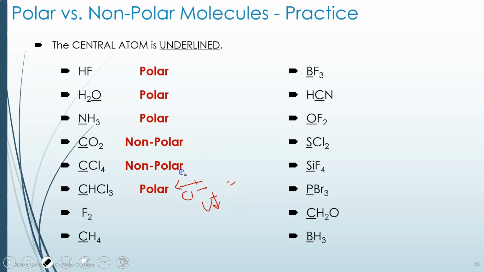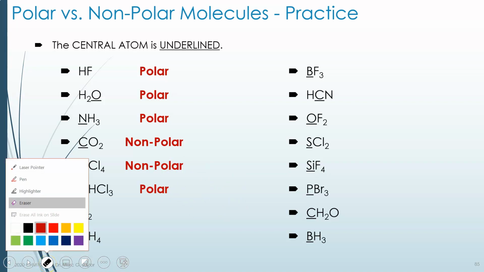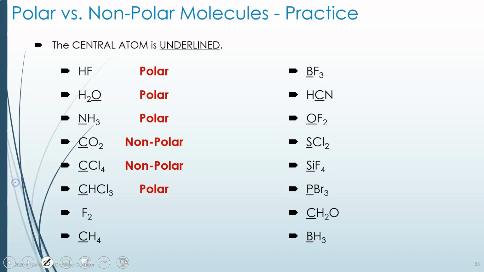So I will erase this molecule here. And let's look at F2. Well, F2, or fluorine gas, is just a fluorine attached to a fluorine. So they're both very electronegative, about 4.0, 3.98, depending on whose scale you use. And if you look these up, different periodic tables will have slightly different numbers. Always look at one set of numbers.